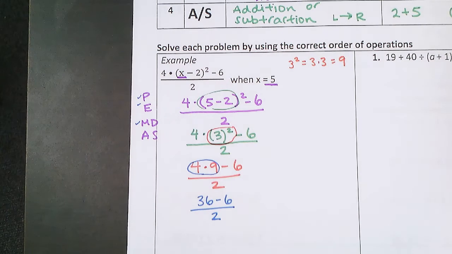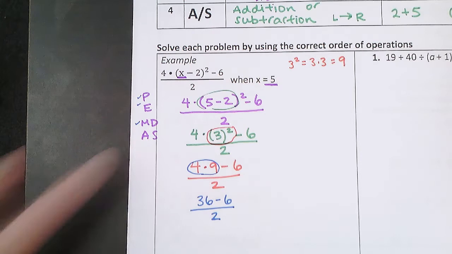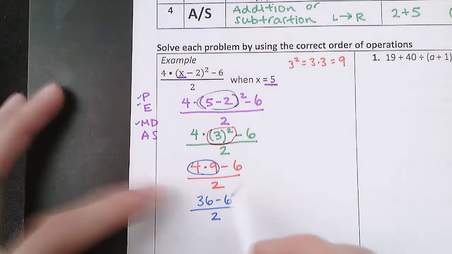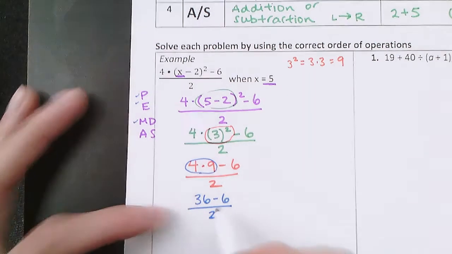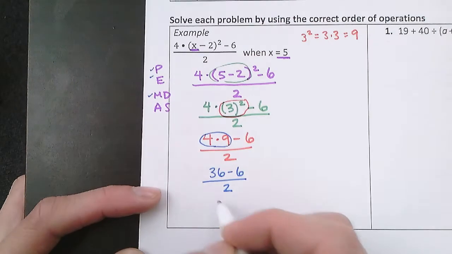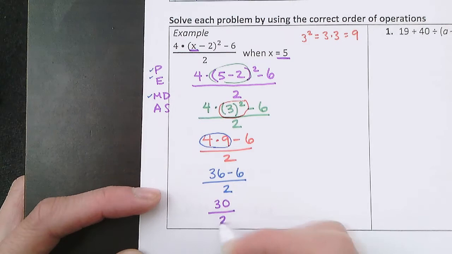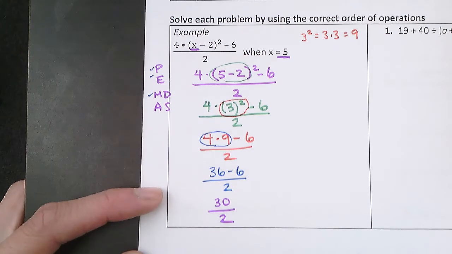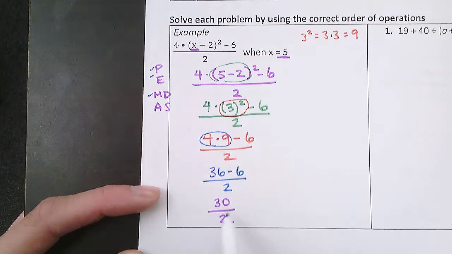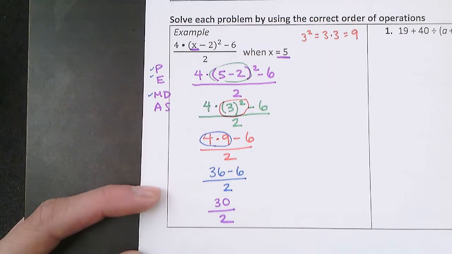And then the last step is the A and the S of PEMDAS. Is there any addition and subtraction that I can do to simplify? Yes, there is. 36 minus 6 is 30, and that's all over 2. Now, if this fraction was in its lowest terms, I would be done.